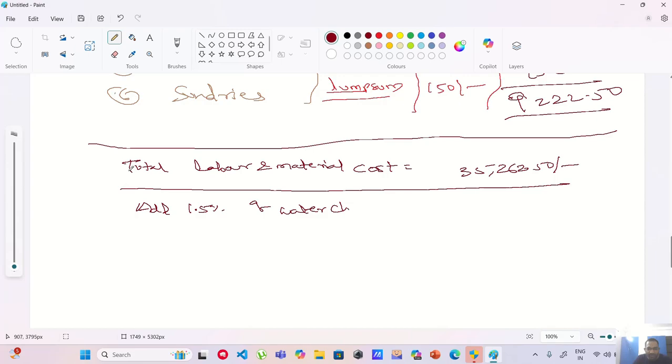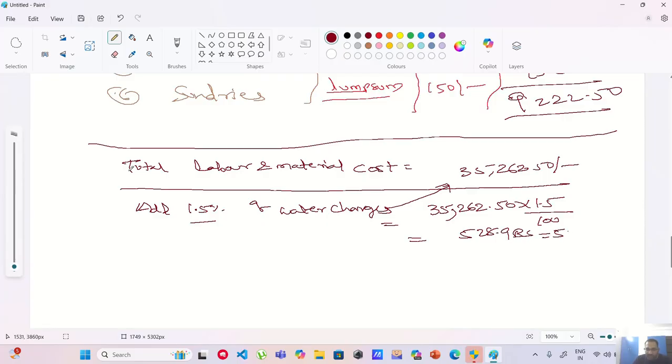This is very important nowadays. Ten years back we were taking only 1%. Now it has increased to 1.5% of this 35,000. So 35,262.50 into 1.5% comes to around 528.9 rupees.